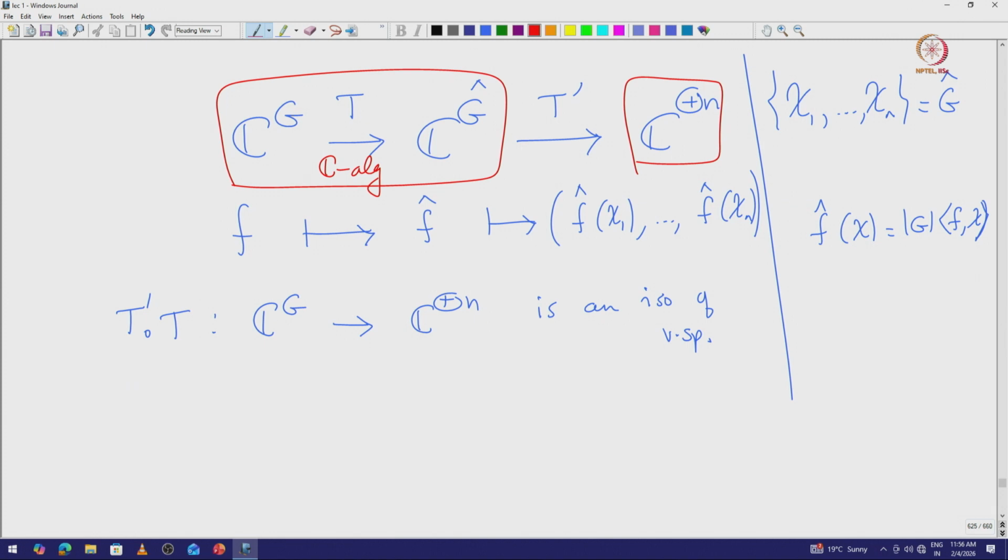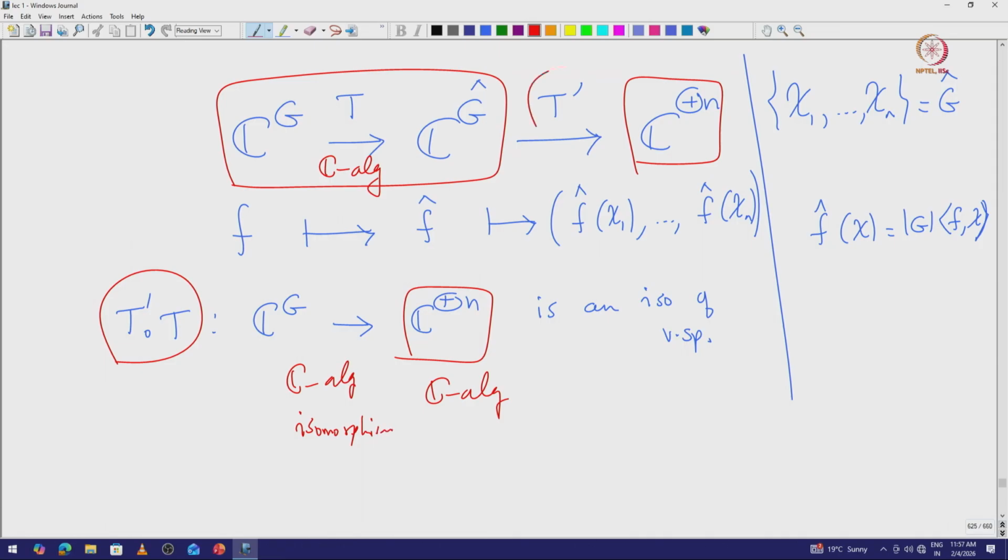Using that pointwise product, one can make this C direct sum n into a C algebra, under pointwise multiplication and pointwise addition. Then this composition becomes a C algebra isomorphism. That is because T dash is a C algebra isomorphism, which is easy to see because we have taken pointwise multiplication on C g hat.